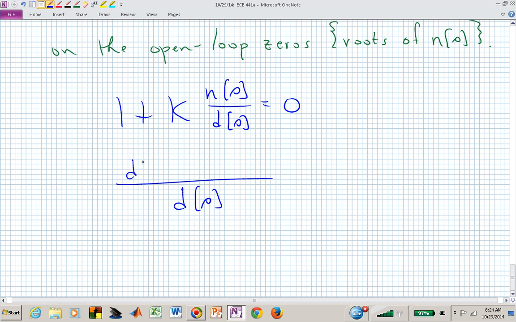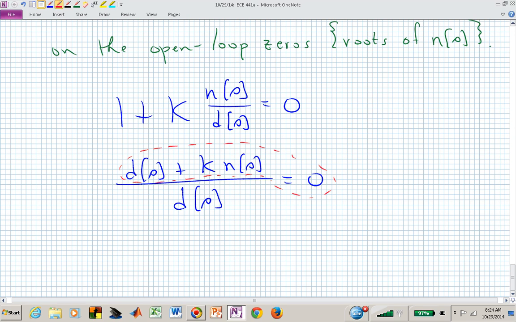And then we have d of s plus k n of s, and that's the same equation. We want that to equal 0. That means we're focusing on what values of s satisfy that numerator expression in this characteristic equation: d of s plus k n of s equal to 0.